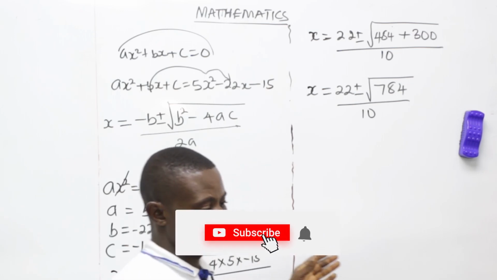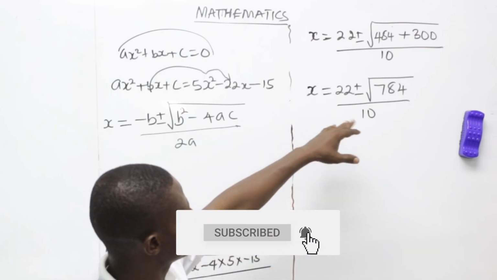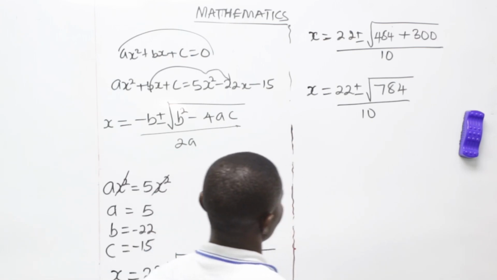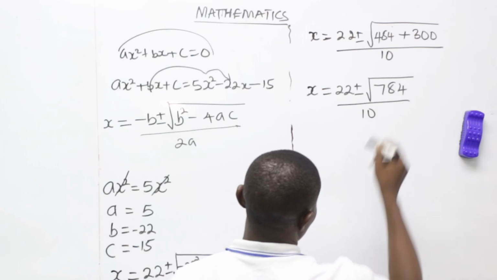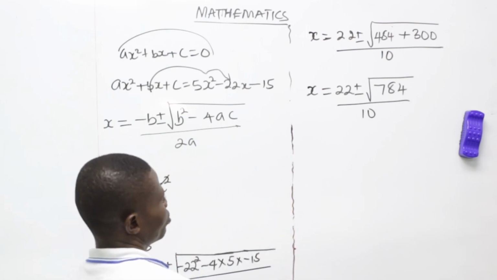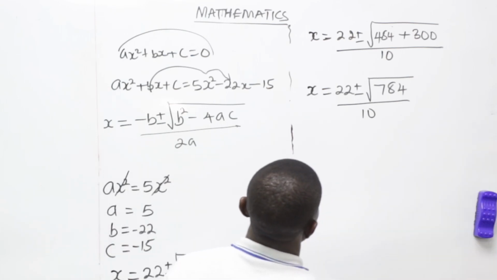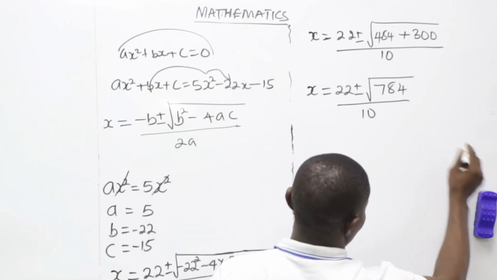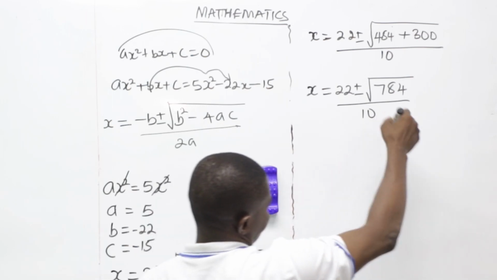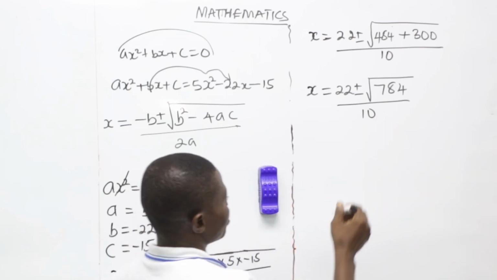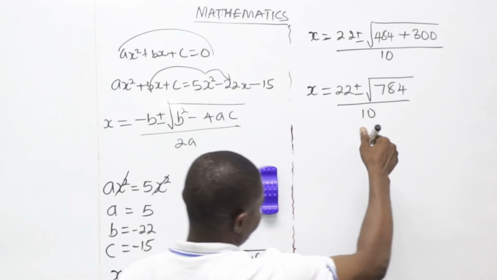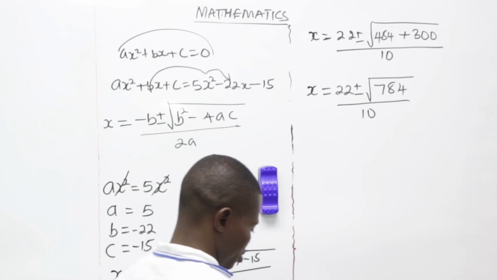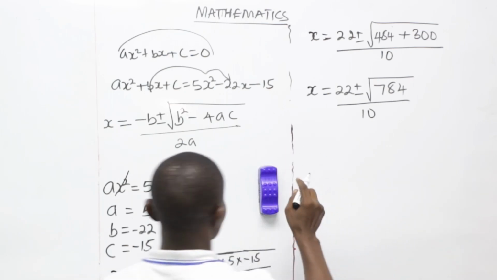Another challenge here is taking the square root of 784 without a calculator. Let me give you an idea of how to do it, but still on this site, you have a special video that will teach you how to solve a square root without touching your calculator.